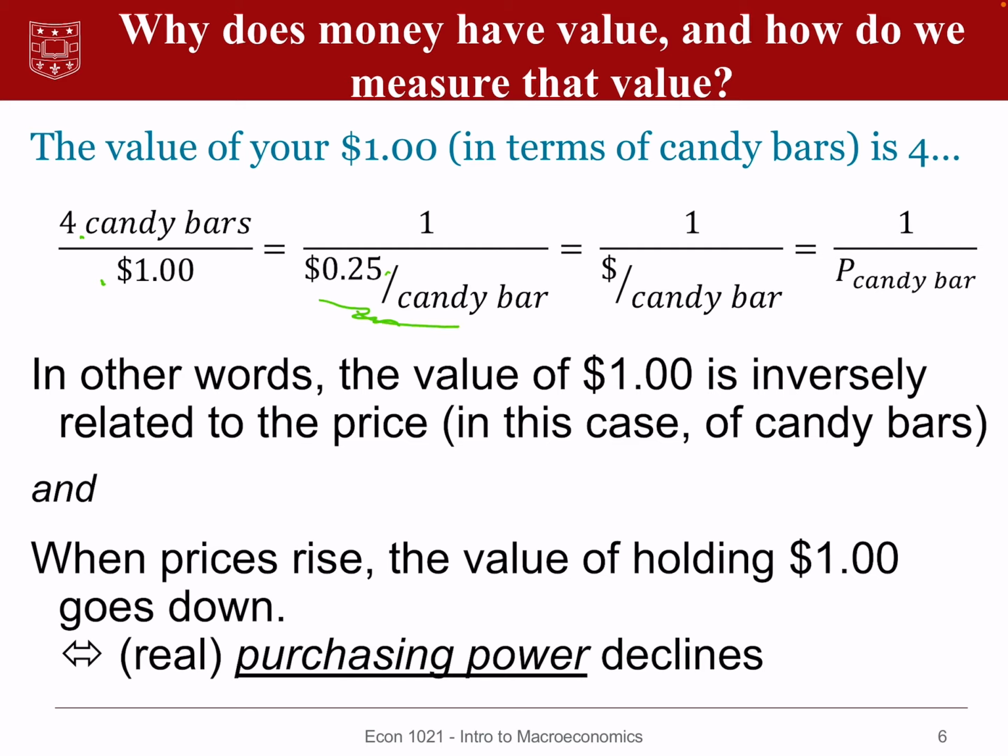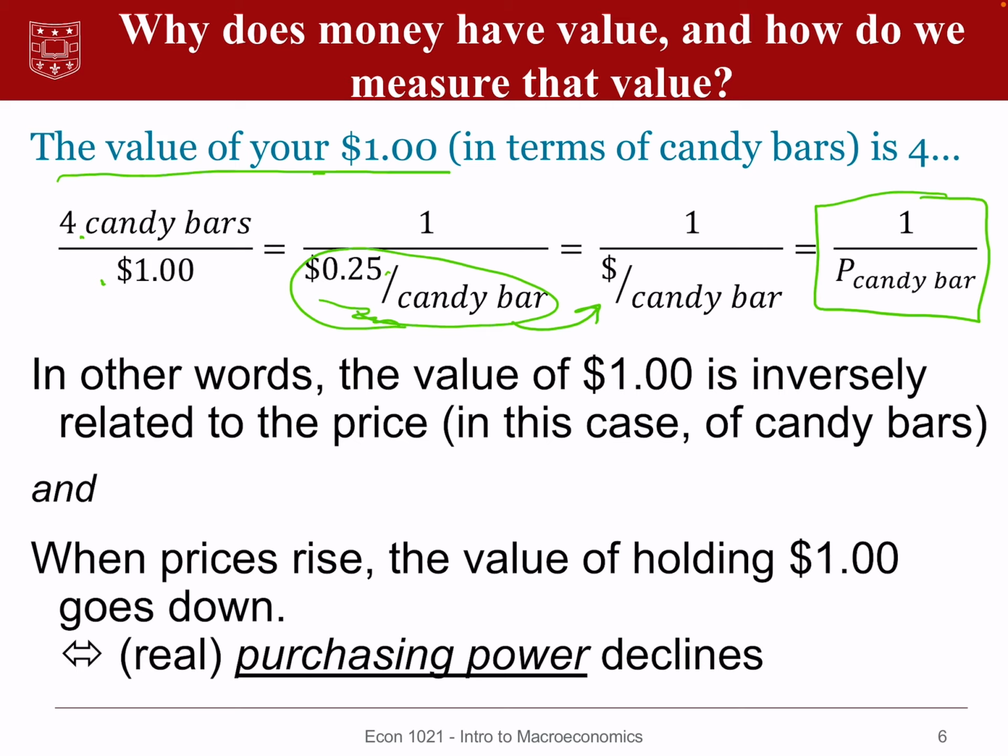So what is this? Well, of course, this is the price of a candy bar. And so we can say that the value of your $1 is 1 over the price of a candy bar. In other words, the value of your $1 is inversely related to the price, in this case of candy bars.